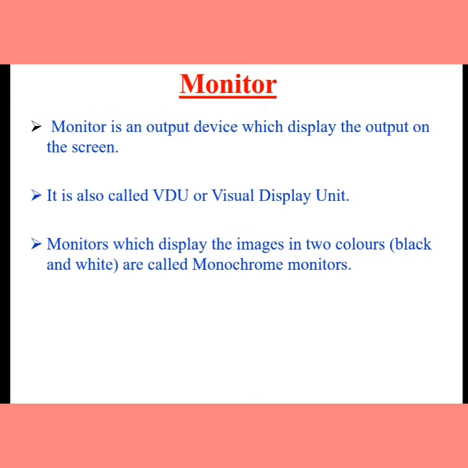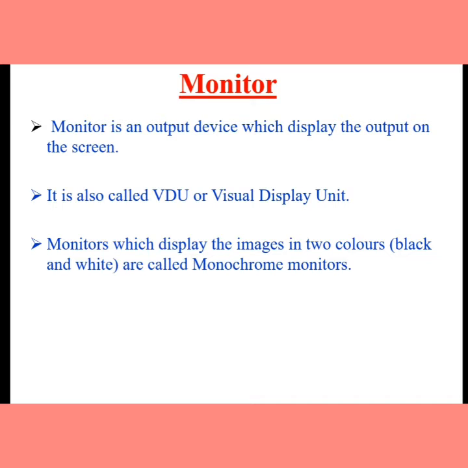Now the monitors which display images in two colors like black and white are called monochrome monitors. I have already said that the output can be any type. It can be number, it can be letter, it can be image, okay? So using the monitor, the computer can display an image, or sometimes it displays numbers.